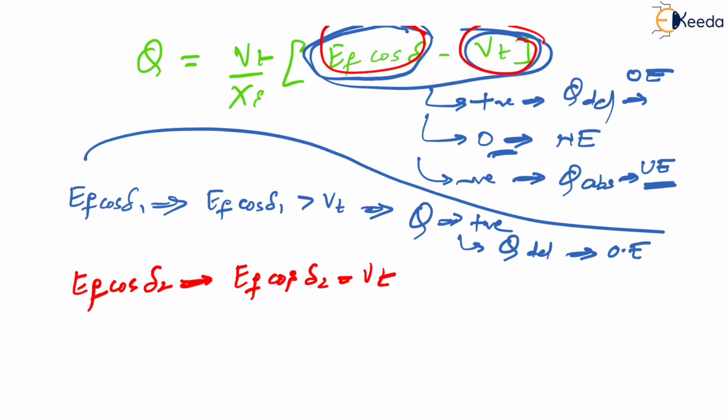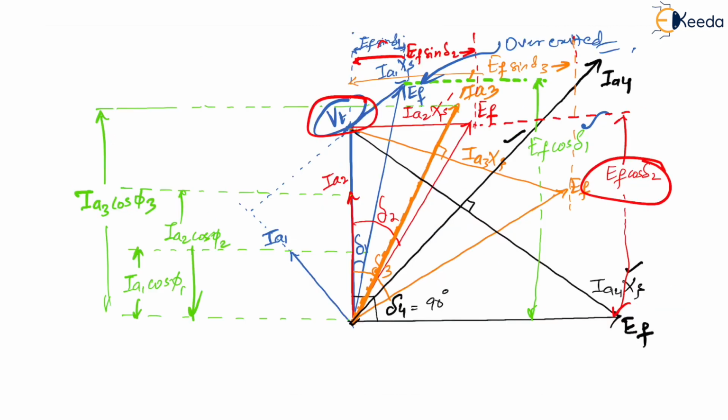So can I say that Q is going to be 0? Q is 0 in the sense neither deliver nor absorb, which means normal excitation. So this red is nothing but normal excitation.